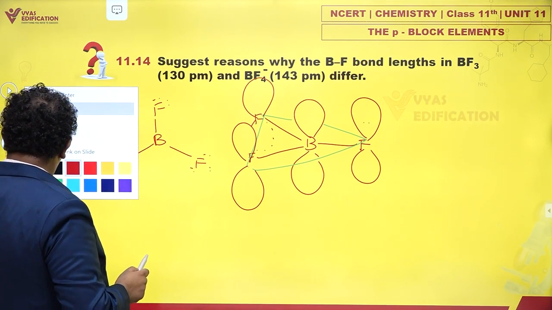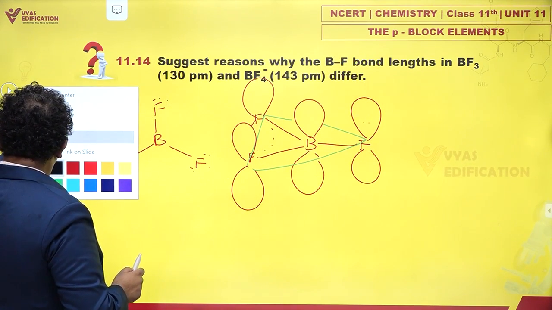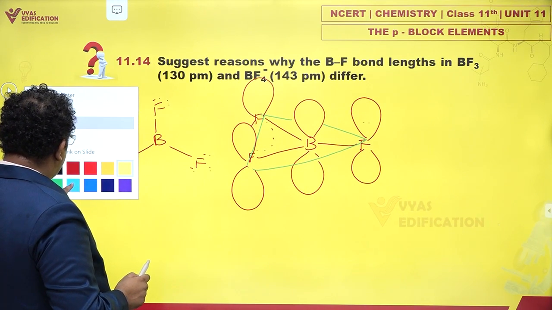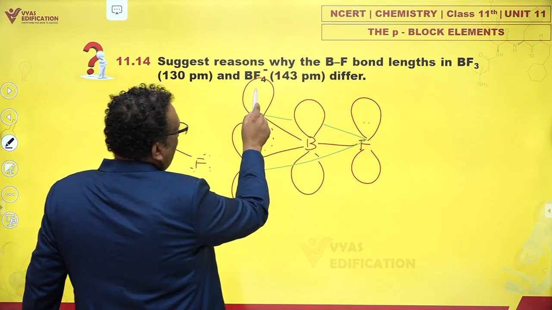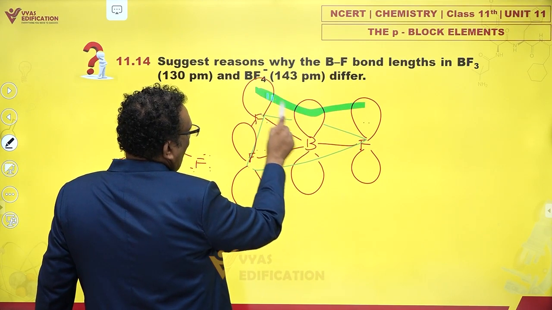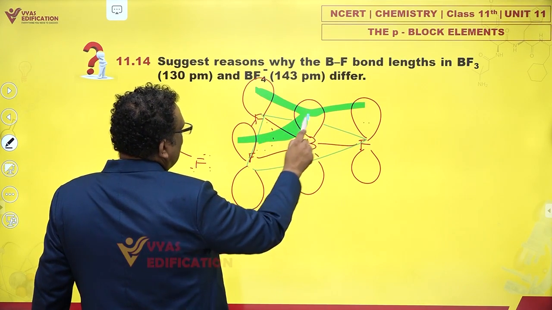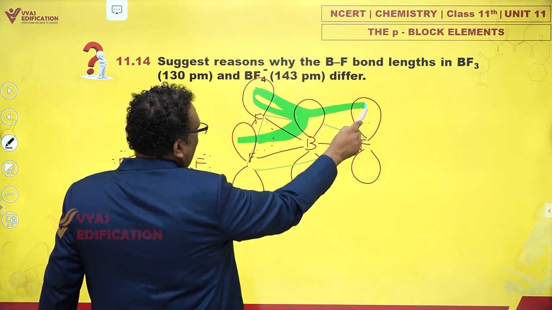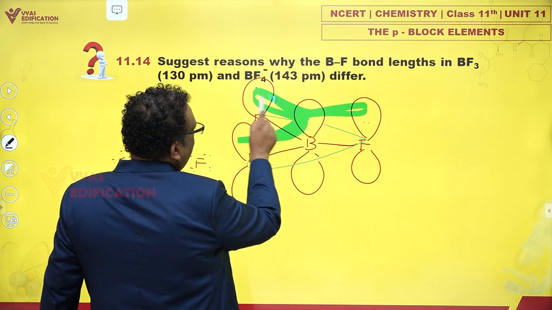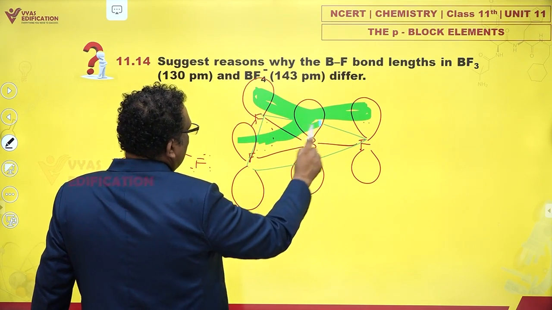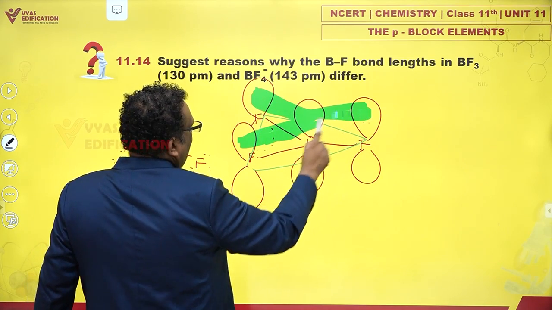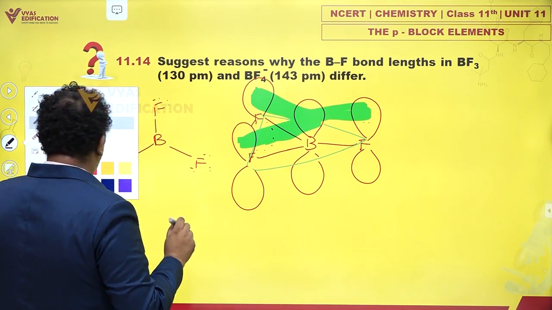Right? So you find that in this electron cloud, there is significant delocalization from this side. Because of this delocalization, see, there are lone pairs here.